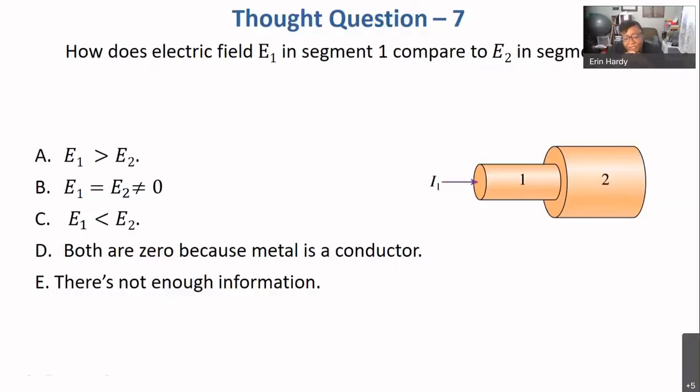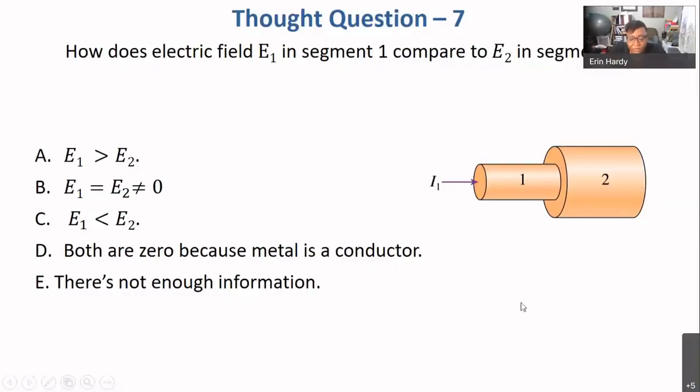If the electric field on the interior were equal to 0, that would mean that there's no force acting on the charge carriers inside of that wire, which means that the current would be 0. So we can eliminate D right off the bat. We also know that E1 can't be equal to 0 while E2 is non-zero and vice versa.